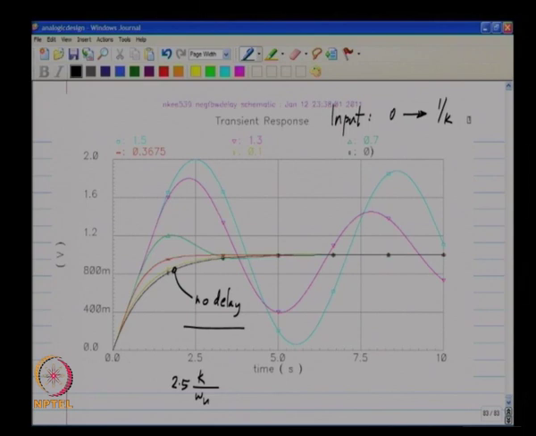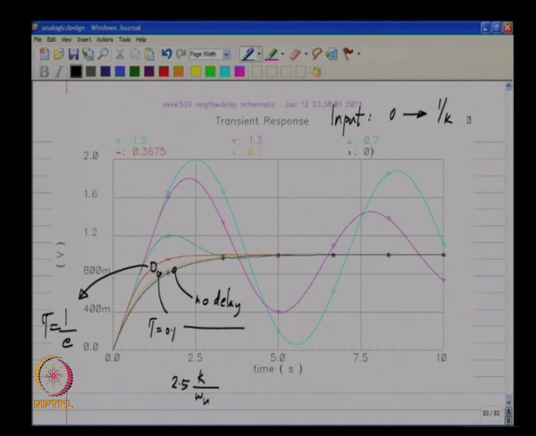Okay. So, no delay case of course is the exponential, and I have shown it also for a small value of delay, that is tau equals 0.1, and you see that that is quite close to the case with no delay.